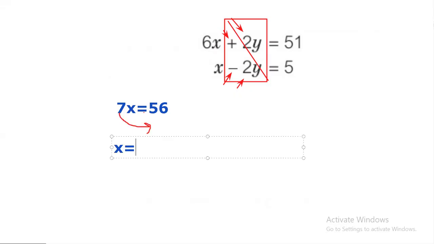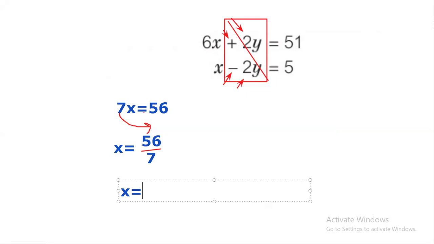So x will equal 56 divided by 7, which is 8.